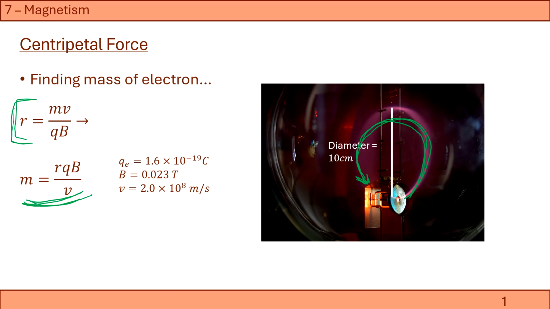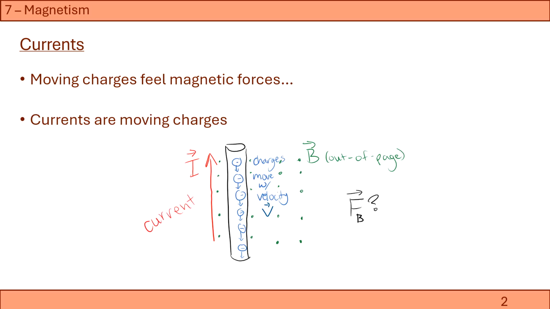We put these things together and figured out what the mass is. It's not so straightforward. There's a little bit more that had to happen, but this was one of the key experiments.